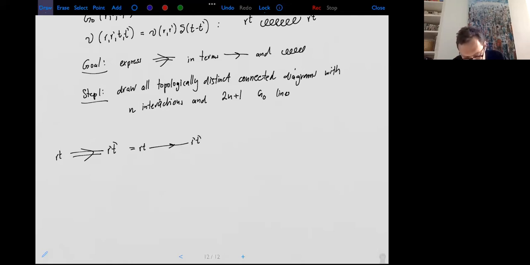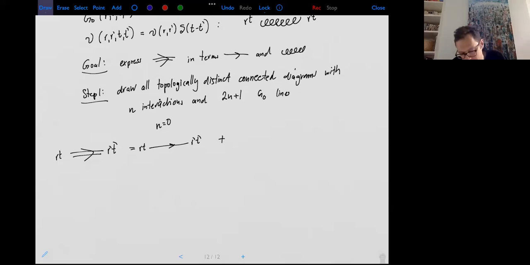So this is basically the n equals 0 case, so no interactions and one G0 line. Okay, all right. So this is the trivial stage. Now we'll come to the first order. So at first order, we have one interaction line and three G0 lines because n equals 1.